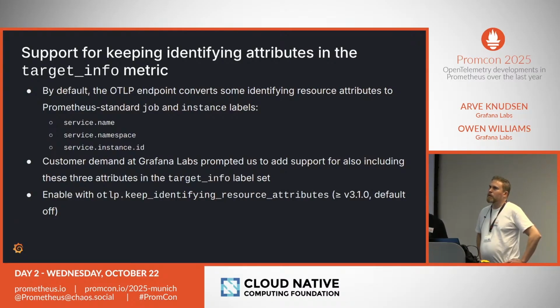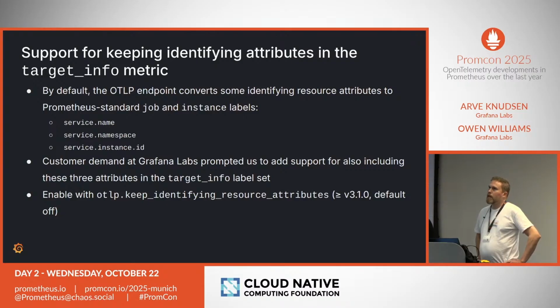Customer demand and internal use cases demand at Grafana Labs, we have added the ability to keep the so-called identifying OTLP resource attributes as labels on the target info metric, because historically and still by default, these identifying resource attributes, service.name, service.namespace, service.instance.id, have only been translated to the job and instance labels on target info.